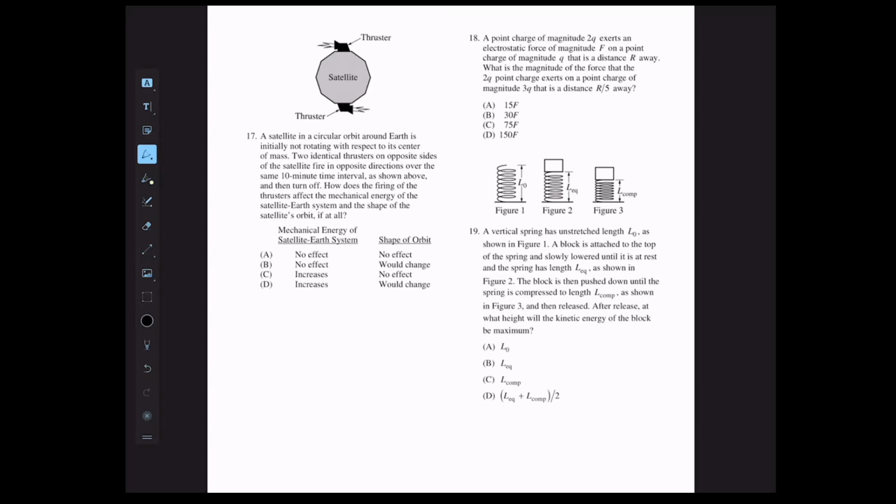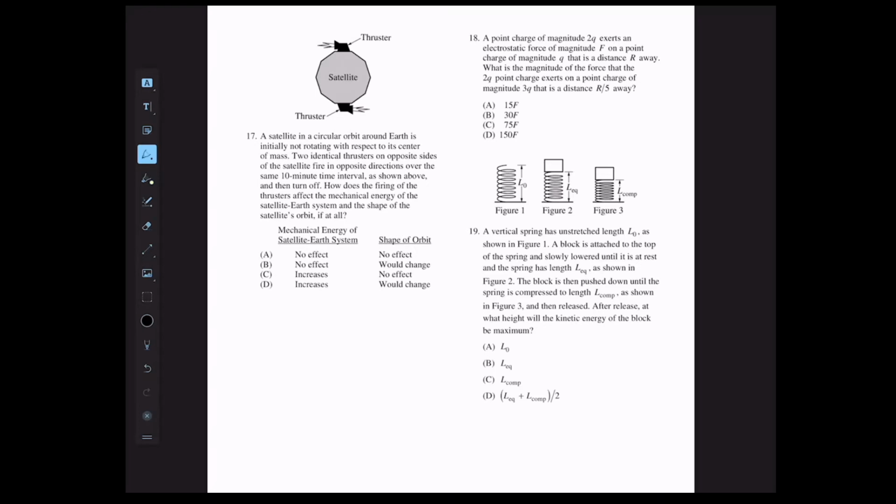Okay, so these thrusters just provide a torque and cause the satellite to rotate. So the satellite will gain rotational kinetic energy, so that will increase the satellite-Earth system energy.